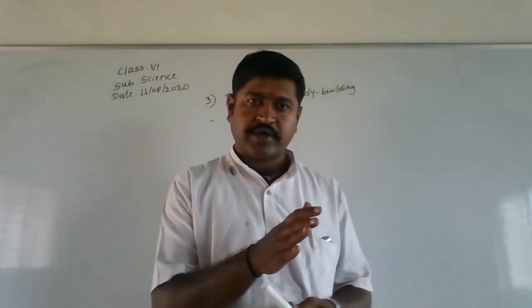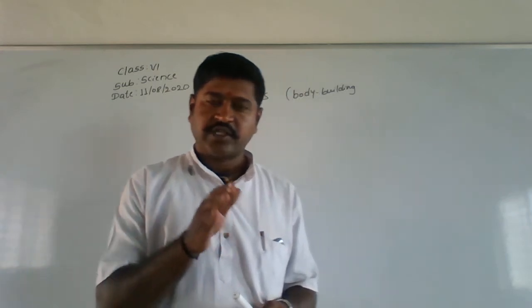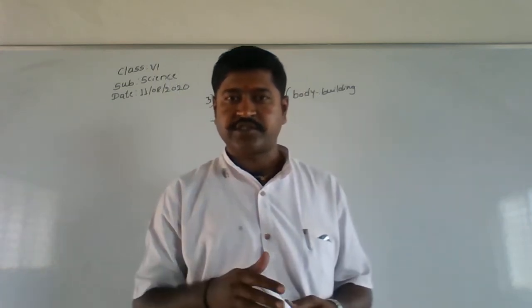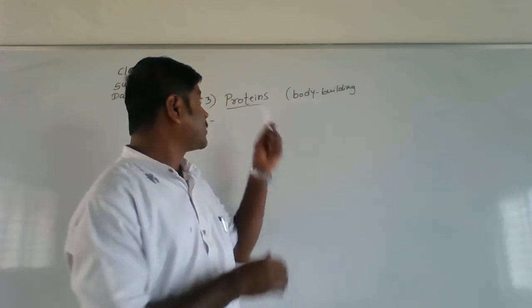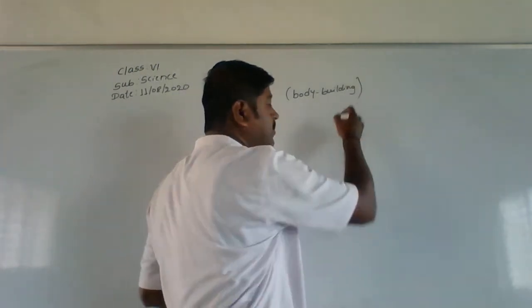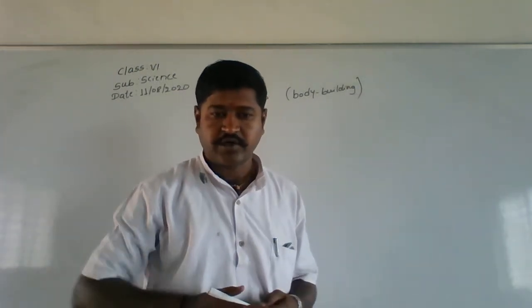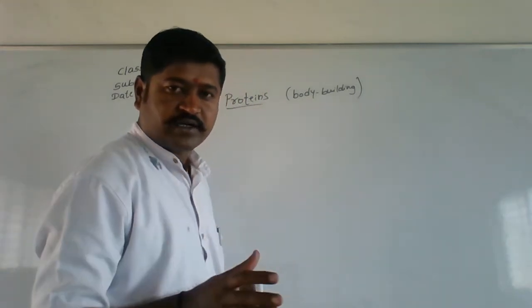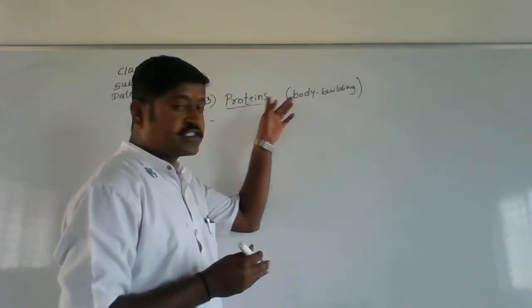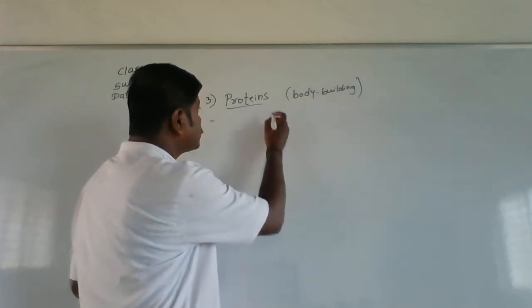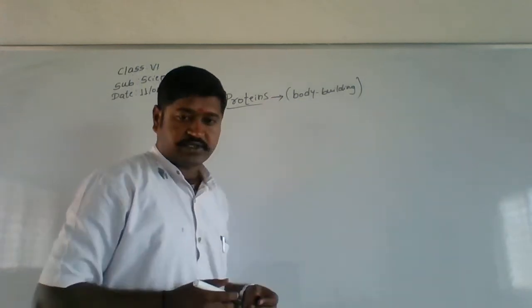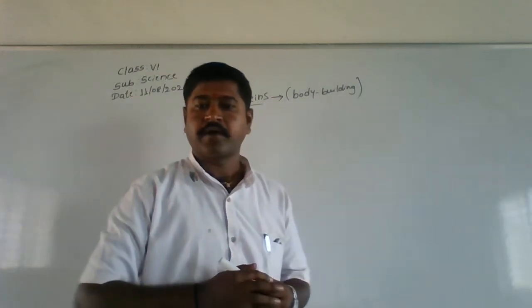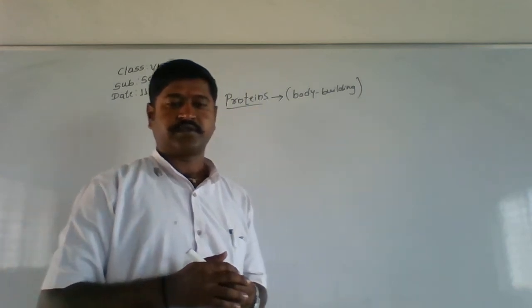Because carbohydrates and fats were known as energy giving foods, whereas proteins are called bodybuilding foods. Is this clear? Okay. The food items which contain proteins in them are said to be bodybuilding foods, right?